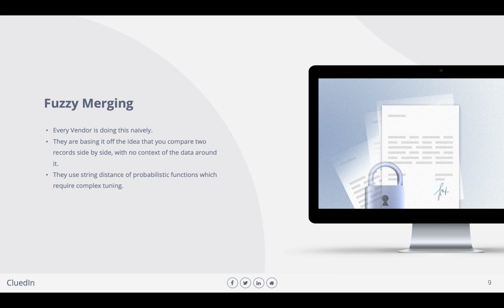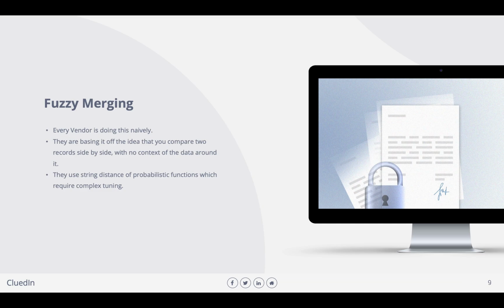I can tell you straight up how most companies are solving this today. They are using either probabilistic matching functions or string distance functions to take two records that are suspected to be duplicates side by side and doing comparisons of how close the string values are against different properties to each other.